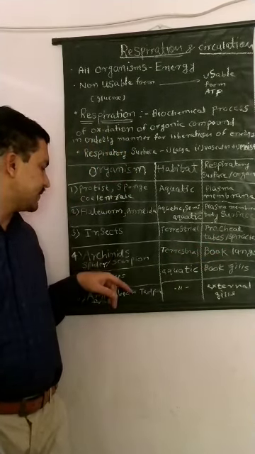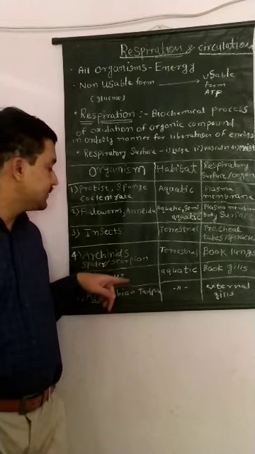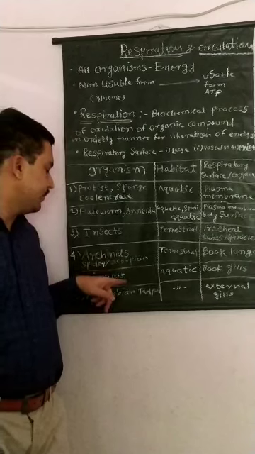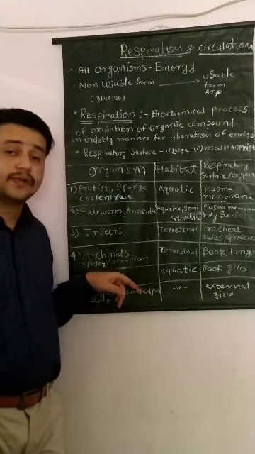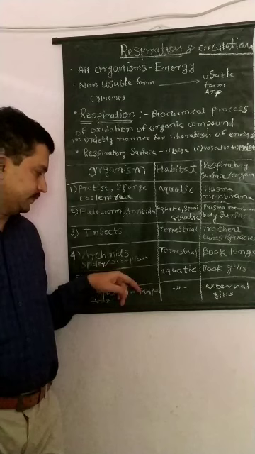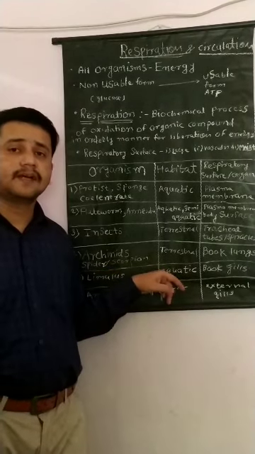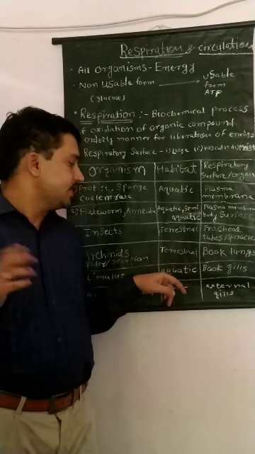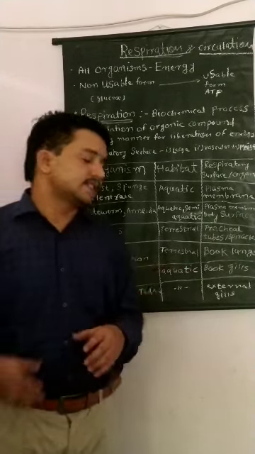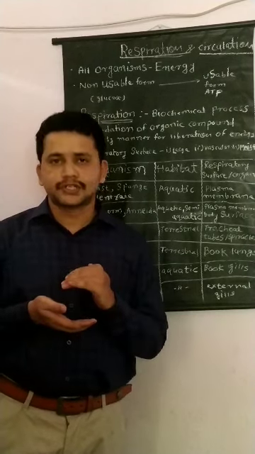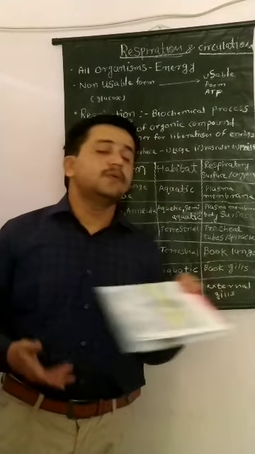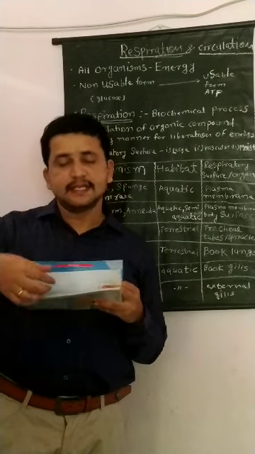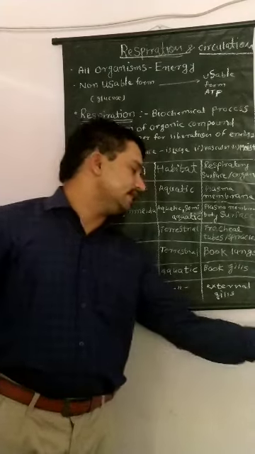Then limulus. What is this limulus? Limulus is also a type of crab, and this limulus is aquatic. So because of that it cannot respire by the lungs, because lungs are only useful in the terrestrial habitat, therefore they have developed gills, but their gills are in a composite structure, means they also develop a book-like structure, suppose these are the pages, these pages are like gills and that is called book gills.